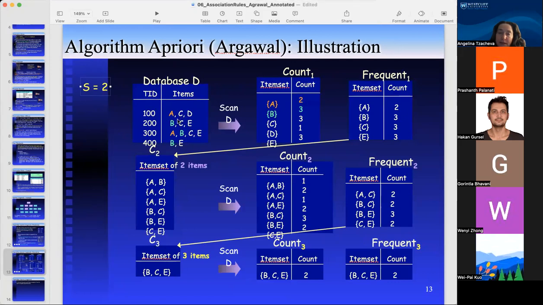Then we go to the next element, B. B occurs 3 times, the green one, in transactions 2, 3, and 4. So the count for B is 3. For C, it's 3 as well.